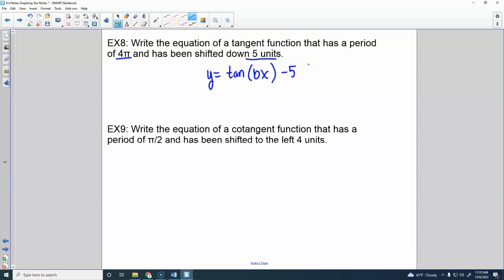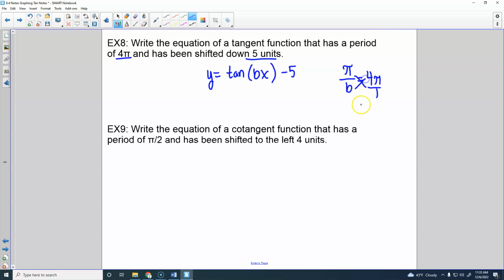So, much like with the sine function, instead of doing 2 pi over b equals the period, we just do pi over b equals the period, which they tell us is going to be 4 pi. So it's the same thing we're doing for sine. The only difference is we're using pi instead of 2 pi. The graphs look crazy, but that's the main thing you need to know.